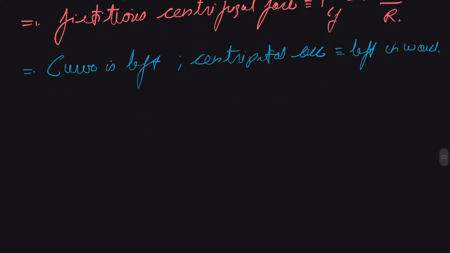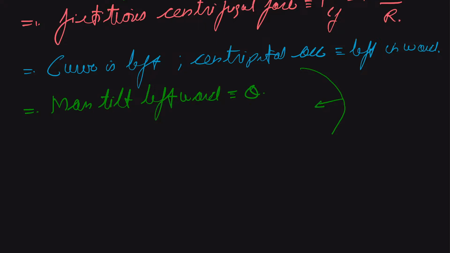So it means we are going to have a curve which is like this, and the centripetal acceleration will be left inward. And like we said, the man tilts left side by theta. So we can say our man tilts leftward by theta.